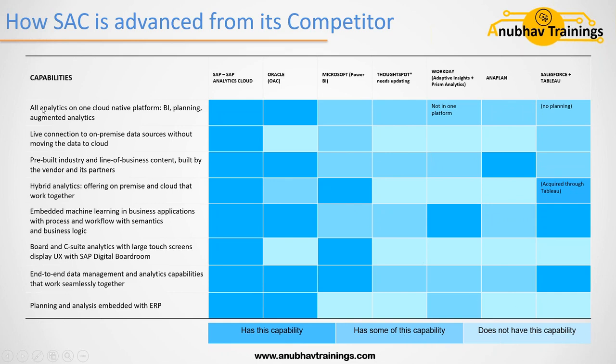If you look at all these capabilities: one cloud native platform for BI, planning and augmented analytics; live connection to on-premise solutions without moving data to the cloud; pre-built industry and line of business content built by vendors and partners; an ecosystem; hybrid analytics offering on-premise and cloud that work together; embedded machine learning with business applications, process and workflow, with semantics and business logic; broad C-suite analytics with large touch screen display UX, which is called SAP Digital Boardroom; end-to-end data management and analytics capability which work seamlessly together across cloud and on-premise; planning and analysis embedded with ERP.